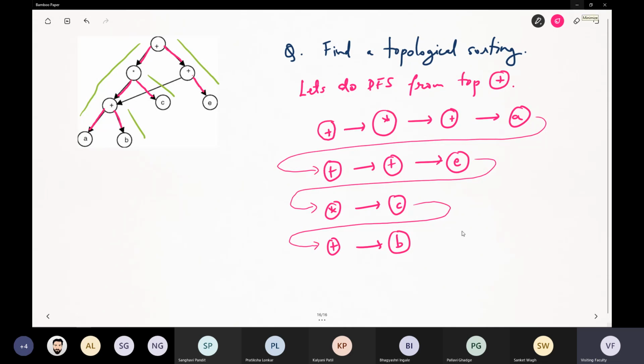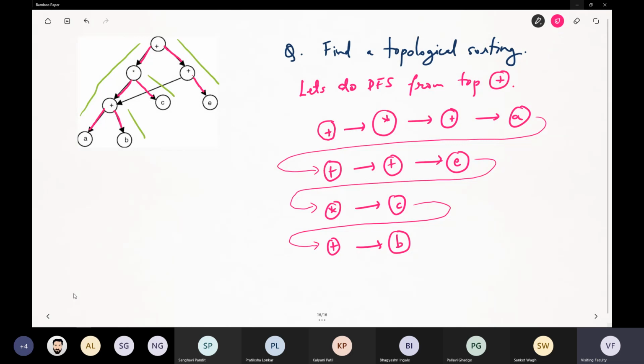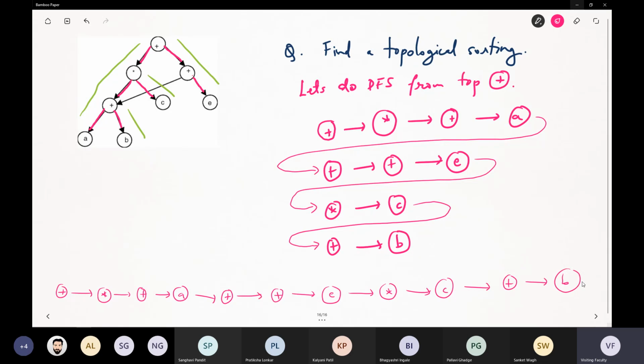So the final topological sort will look like this: the star, then a plus, then A. Then you go around, you get a plus, another plus, and then E. Then you go around and you get a star, and then C. Then you go around, you get a plus, and then B. That is what I meant by wrapping around. So this is a topological sorting. Is that fine? This is how you get a topological sorting from a DFS.